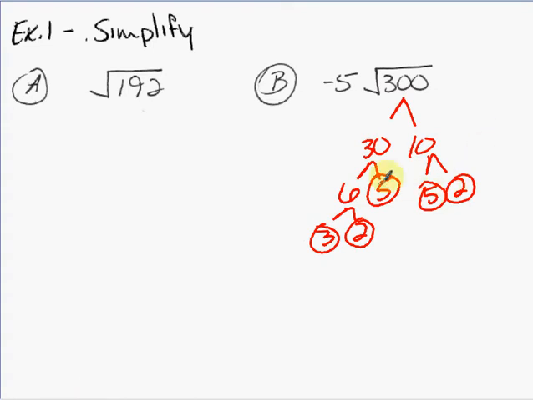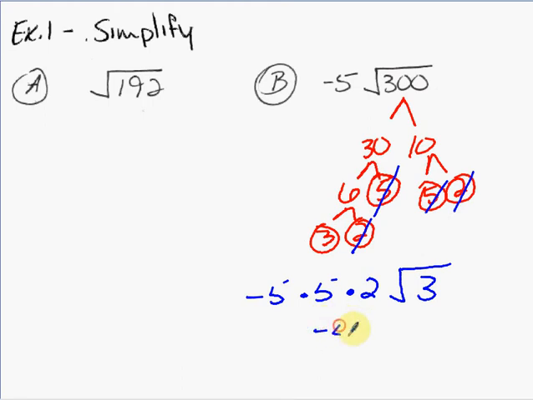I see a pair of 5's and a pair of 2's, and for every pair, one comes out. I already have a negative 5, so I bring another 5 out and a 2 out because they paired up. It's a coincidence that the 3 is under there again. Then I multiply what I have on the outside, and that gives me negative 50 root 3. So that's my simplified radical expression.